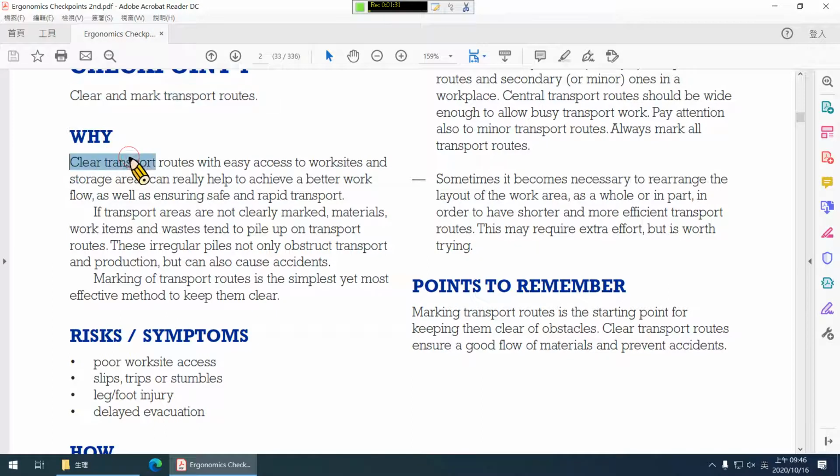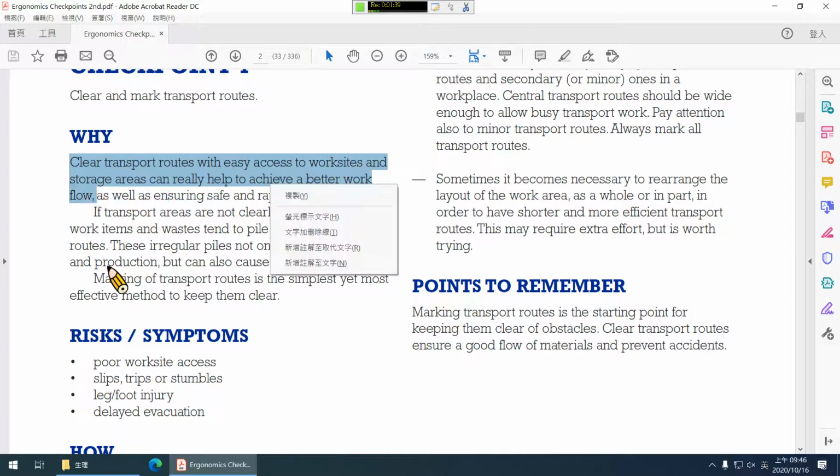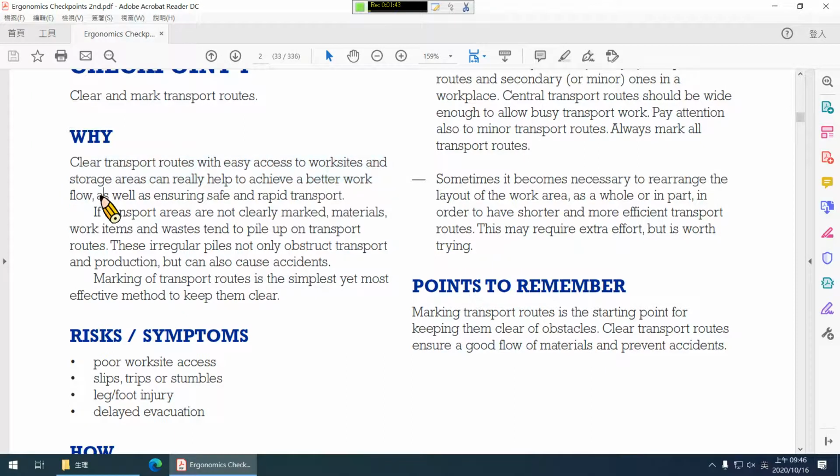Clear transport routes with easy access to work sites and storage areas can help to achieve a better workflow. That's IE, right? That's for productivity. But in ergonomics, that's what we are concerned about, as well as ensuring safe and rapid transport. Safe.